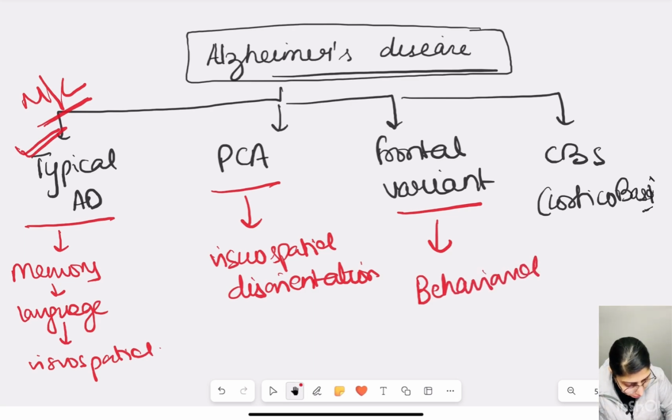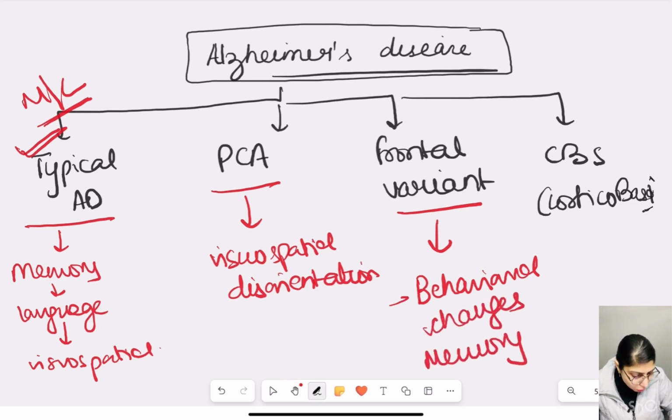So there are behavioral disturbances. Usually in typical Alzheimer's, behavioral changes are not there. Aggression or trying to run away from home, fighting with everybody, or a change in personality is not there in a typical AD, but in a frontal variant, there can be behavioral changes along with memory loss.